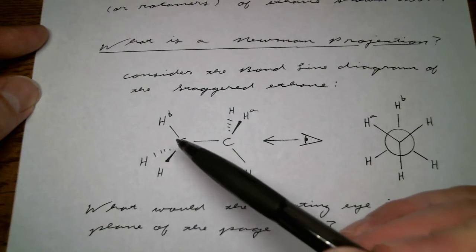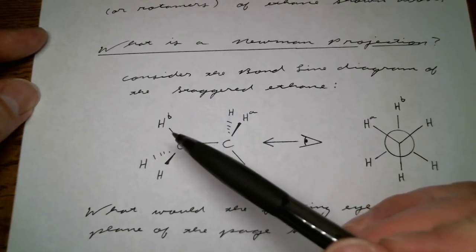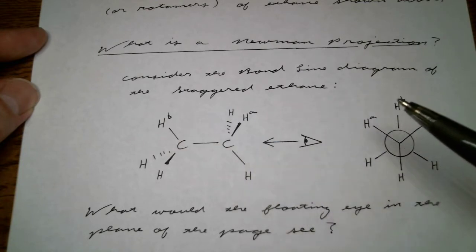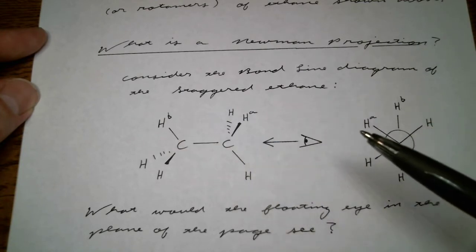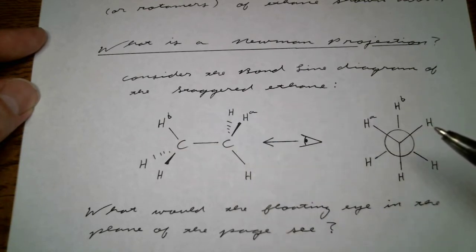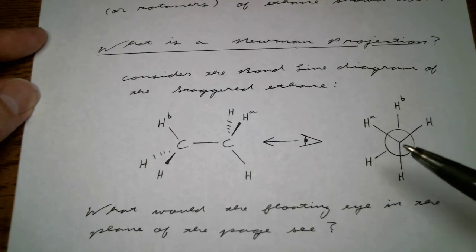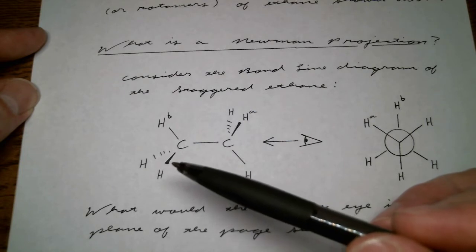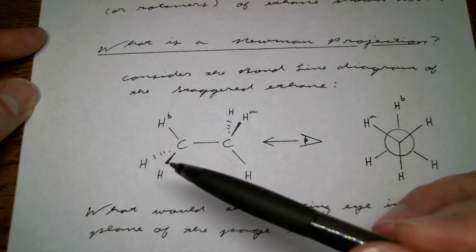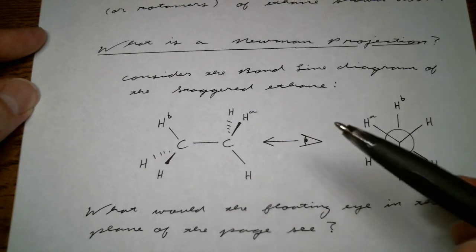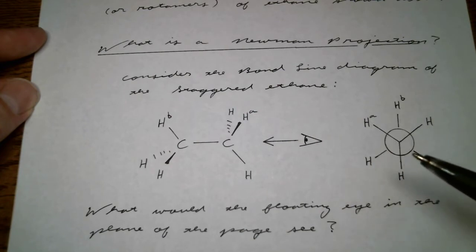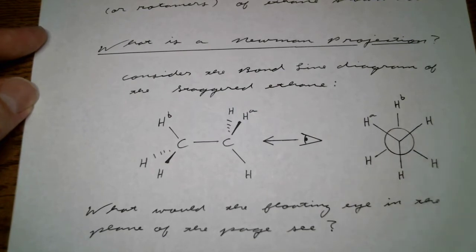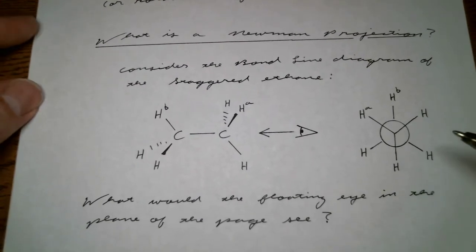And so this hydrogen that's drawn in the plane of the page, I've labeled HB, it will be staggered between HA and then the hydrogen that goes up and to the right on the front carbon. Similarly, these hydrogens that get the wedge bond and the dash bond also appear staggered between these front hydrogens. So that is a Newman projection for ethane.